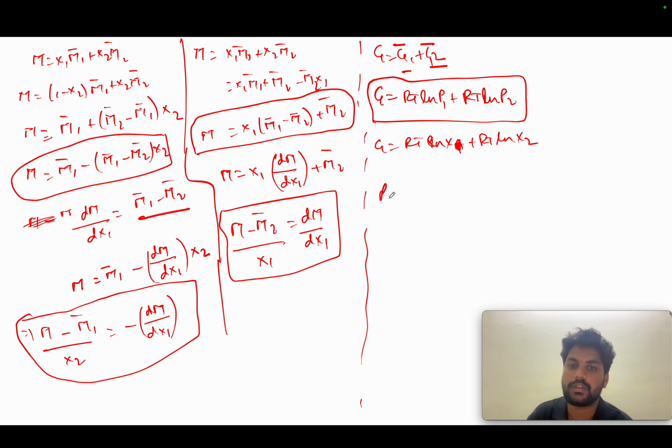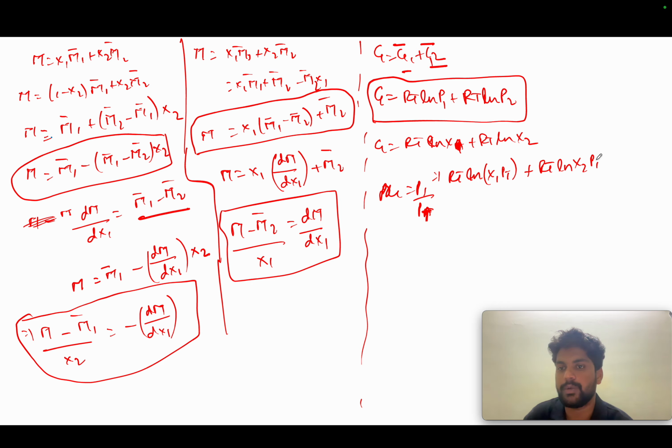Because x equal to p1 by p total, just assume that. So this will be RT into ln of x1 p total plus RT ln of x2 p total. And now if I take p total as constant, then you have ln of x1 plus ln of x2.